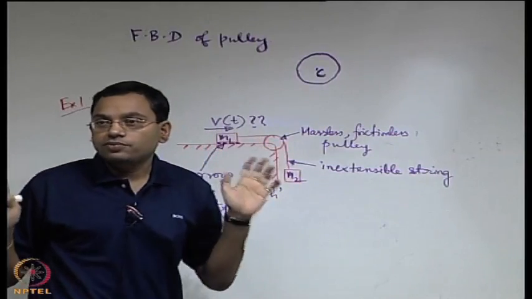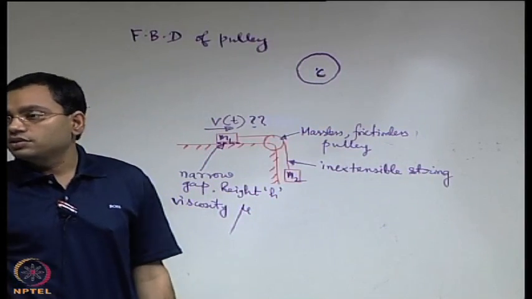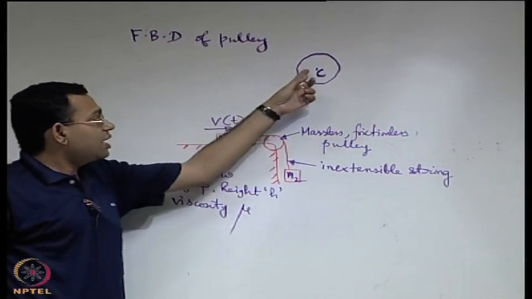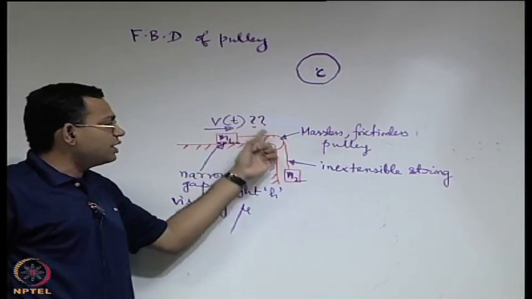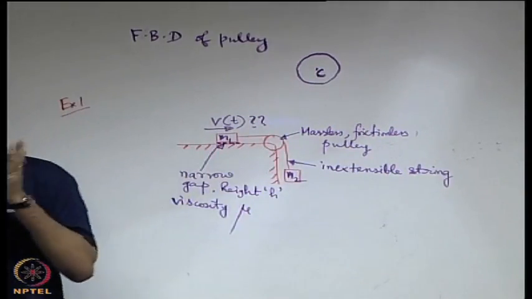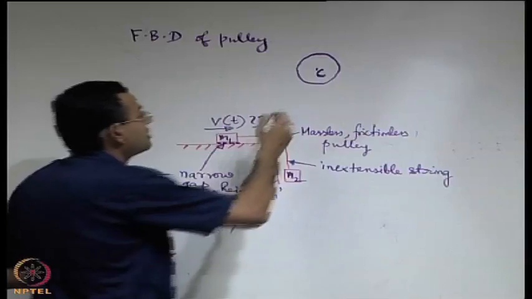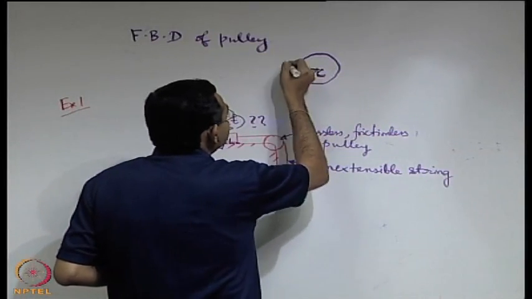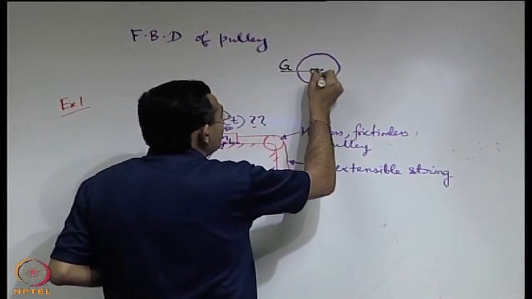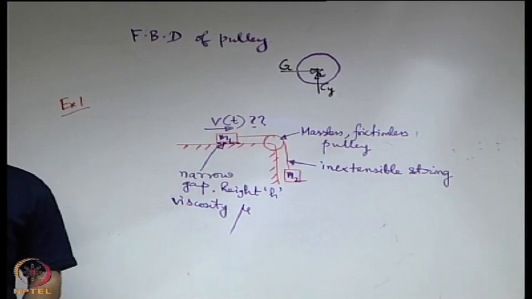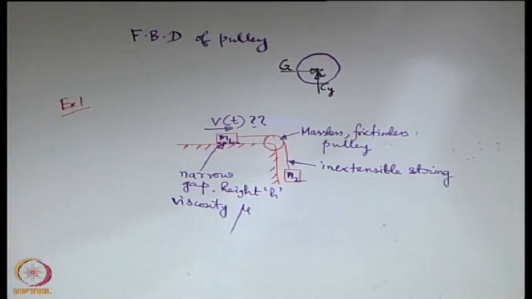So, what type of reaction you expect for the hinge? So, there are contact forces, it is something which is occurring in a plane. So, in general you will be having a general force in a plane which may be resolved into two components. So, let us say that we are talking about two components Cx and Cy, which are arbitrary orthogonal components of the forces which are there at the hinge.